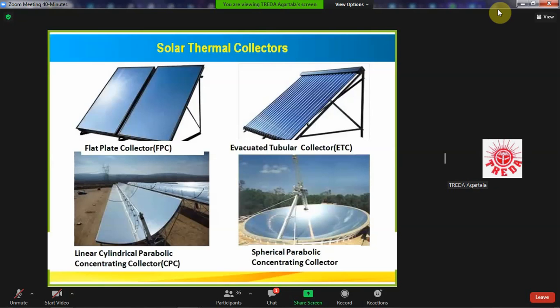But in the domestic purpose, the flat plate collector is being used very largely, and in hospitals and for hotels and for other restaurant purposes, these are being used. So, this is very important.